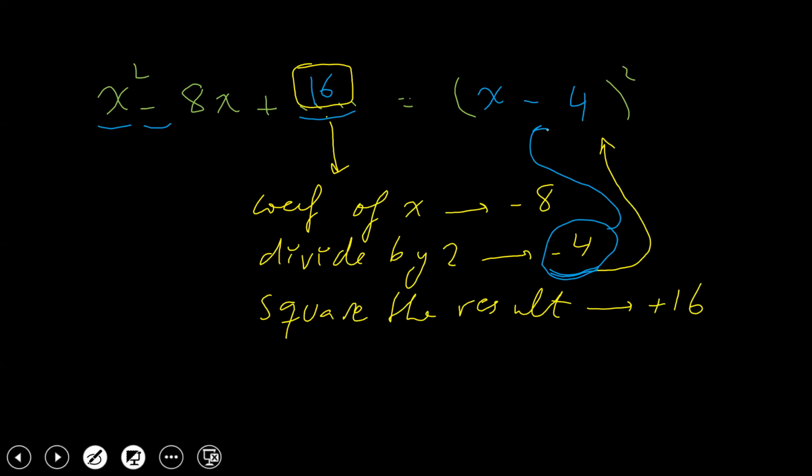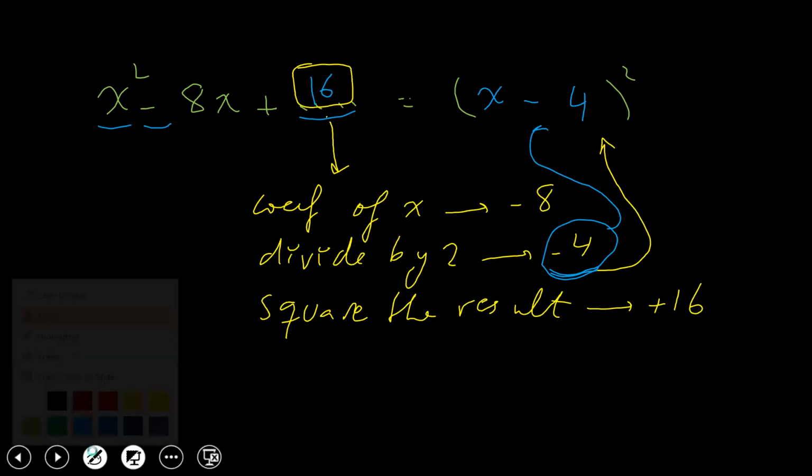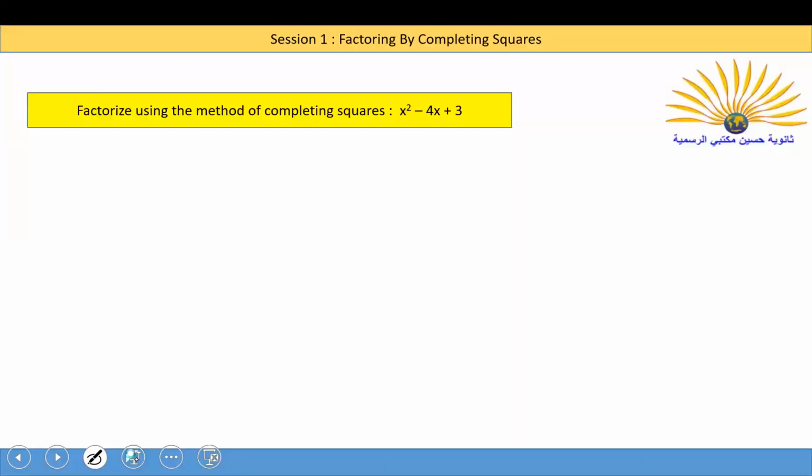But in our exercise here, we have to factorize this one using the method of completing the square. Look, my dear, I'll take first of all x squared minus 4x plus 3. I'll work first on the first two monomials, x squared minus 4x. I'm going to complete the square of this one.